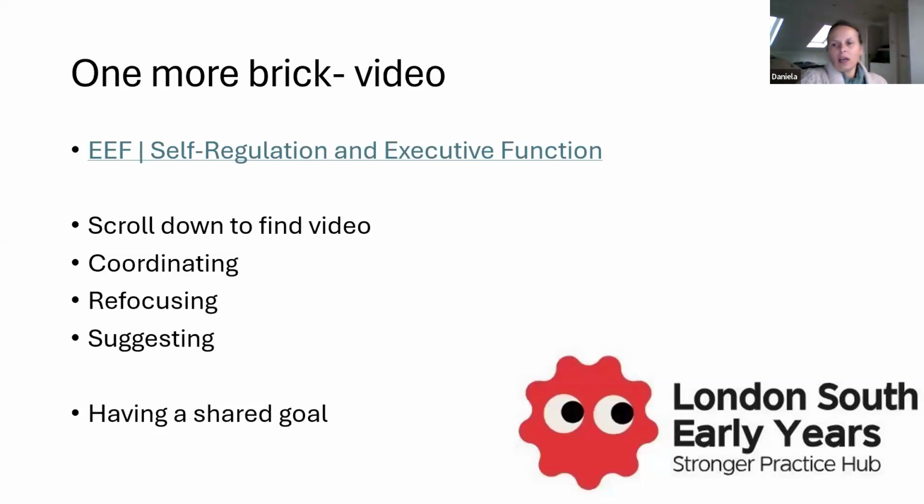So I've put a link here that could be really useful for you if you want to cut and paste once you have your slides. I then recommend scrolling down and finding the videos at the very bottom, and there's a video called One More Brick, and it's absolutely lovely, and it's a great example of working through block play and an adult supporting two children who have quite limited language and also who seem to be struggling with their ability to control certain impulses.